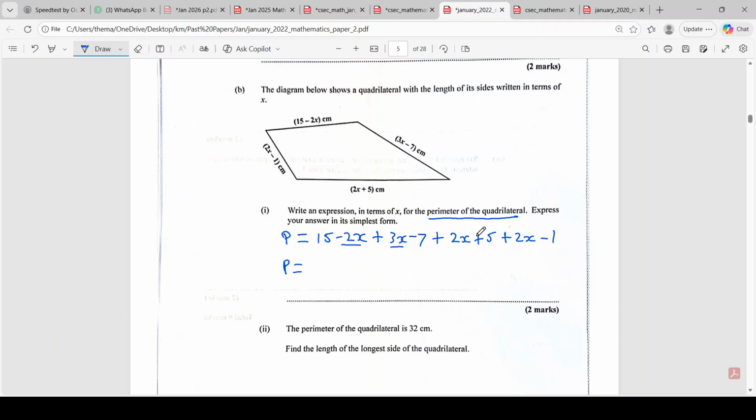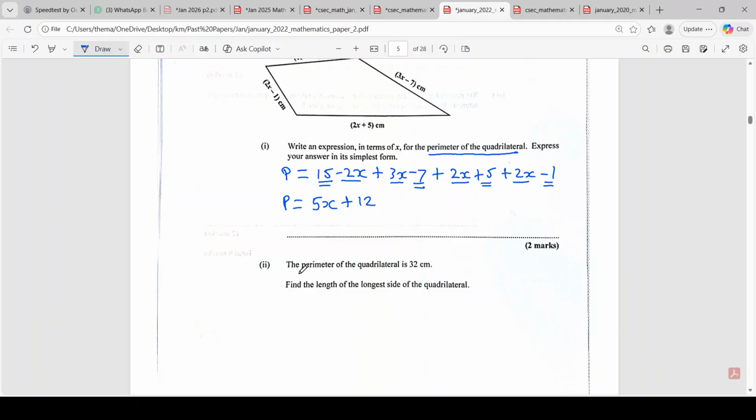That is 1x plus 2x is 3x, plus another 2x, so that is 5x in all. And then we look at the numbers. 15 take away 7 is 8, plus 5 is 13, take away 1 is 12. So we have plus 12. Right, so the expression would be 5x plus 12 for the perimeter.